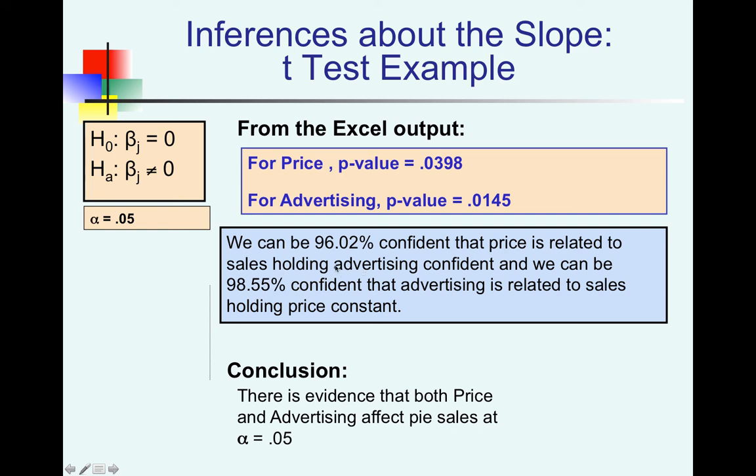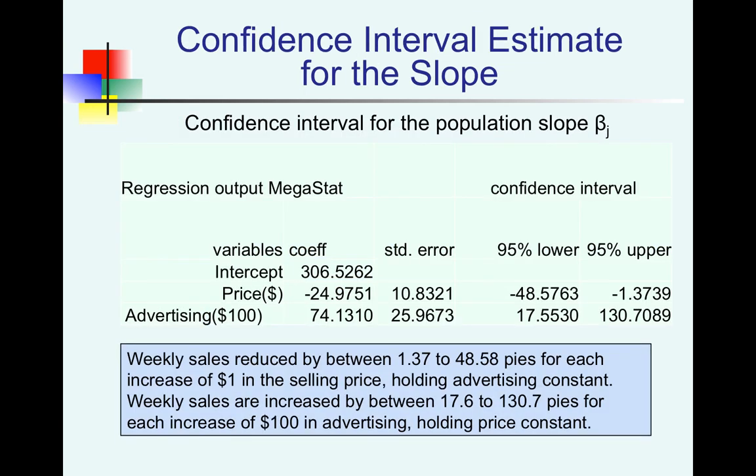Oh, and by the way, it's saying holding advertising constant, not confident. This is a typo. This should be constant. And we can be 1 minus this p-value confident that advertising is related to sales holding price constant. So in other words, there's evidence that both of these guys, both price and advertising, are significant, and we probably want to use them both in our model.